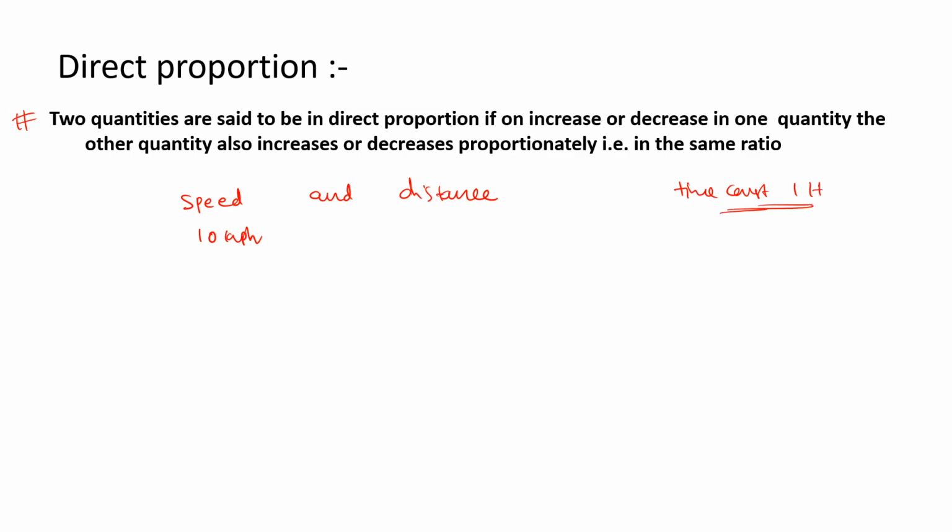When we travel with the speed of 10 kilometers per hour, then we can cover a distance of 10 kilometers in that particular time. But when we travel with a speed of 20 kilometers per hour, then we can cover a distance of 20 kilometers in that particular time of 1 hour. What we have observed here is, when the speed is increased from 10 to 20, the distance we covered also increased from 10 to 20.